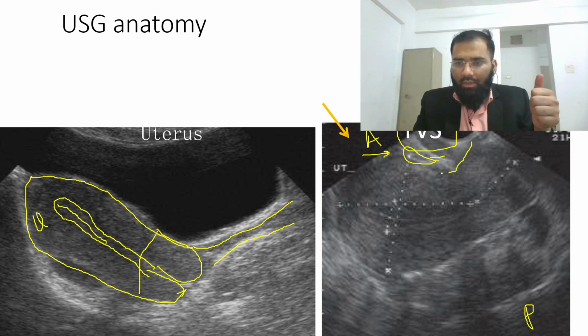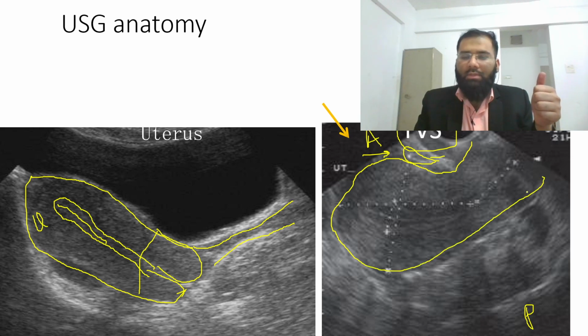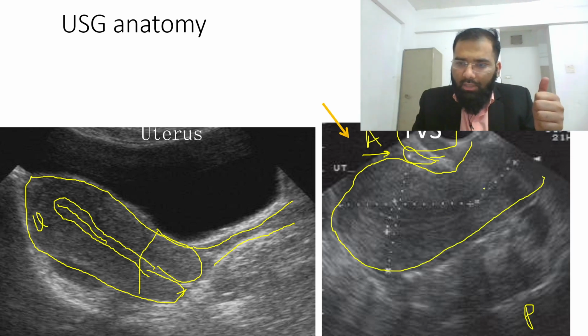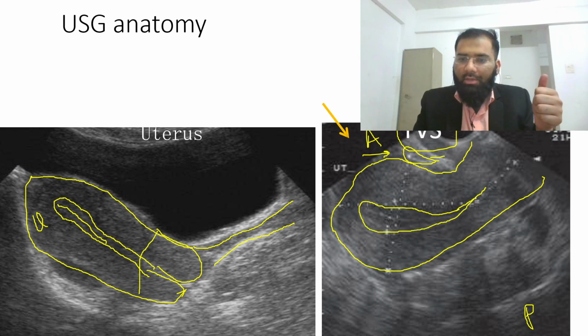Now look at this entire organ. This is the uterus. Look here carefully. This is the endometrial lining, and look at the center, the echogenic rim.